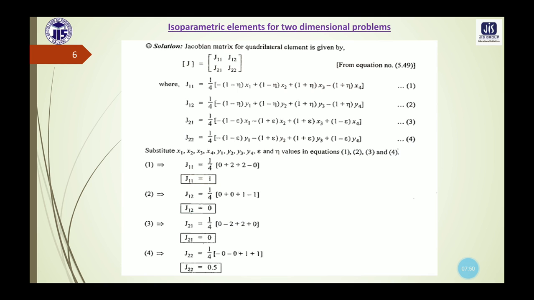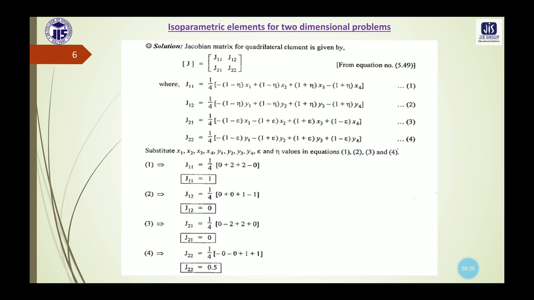Putting all these known values, we are getting the value of J21 as 0. Next, to calculate the value of J22, we need to use equation number 4. Now in this equation we need to put the value of epsilon and the y coordinates for the four different nodes of the given quadrilateral element. If we put all these known values, then finally we are getting the value of J22 as 0.5.